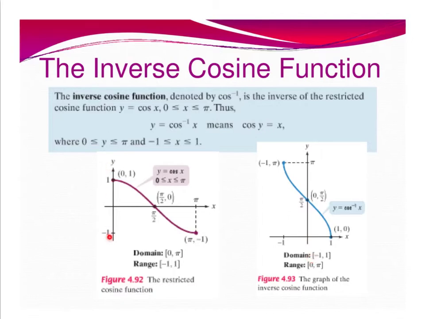So from 0 to pi, that's in quadrants 1 and 2. So this is different than the graph of, remember, here's 0, here's pi over 2, here's pi, here's 3 pi over 2, and then we're back at 2 pi. So 0 to pi would be this rotation for quadrantal angles.